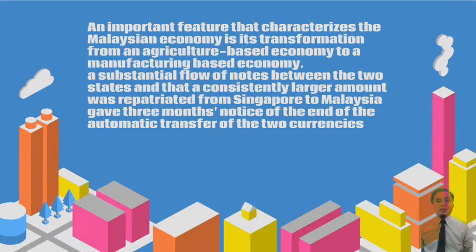The increasing importance of the manufacturing sector is reflected in its increased contribution to total output and total exports. In 1970, the agriculture sector was the most dominant, with its share in total output being 30.6%.